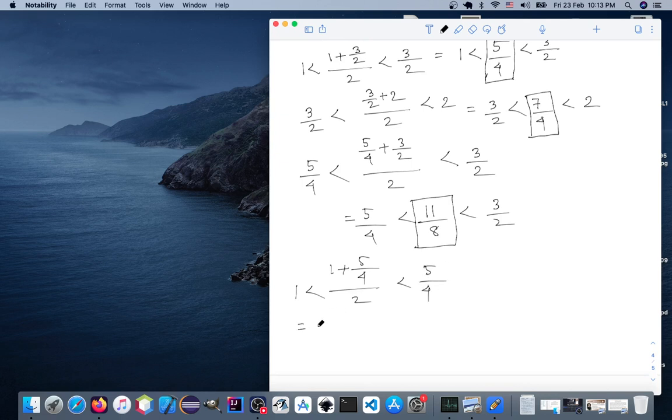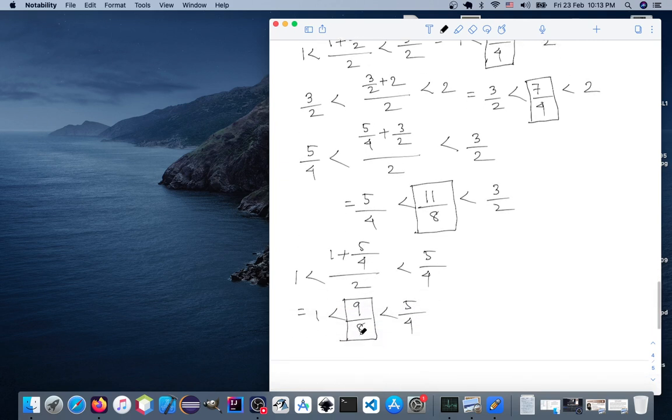So 1 plus 5 by 4 is 9 by 4, and this gives 9 by 8. We have found another rational number between 1 and 2. So this way we have found 5 rational numbers between 1 and 2.